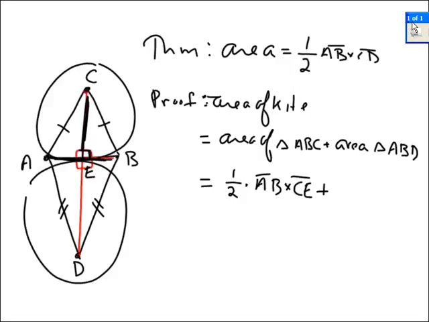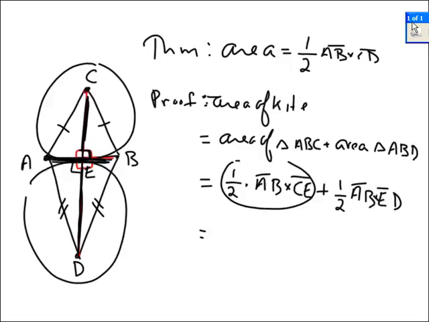The lower triangle is 1/2 times the base, which I'm going to use AB again. This is the base, and that's the height. I can use this as the height only because it meets the base at a right angle. So it's 1/2 the base, AB, times the height, ED.